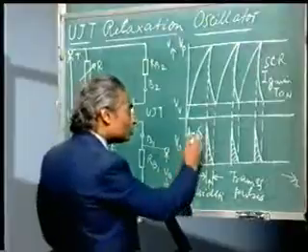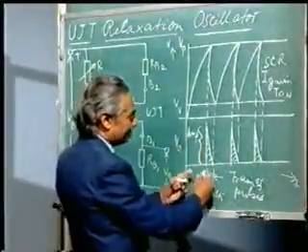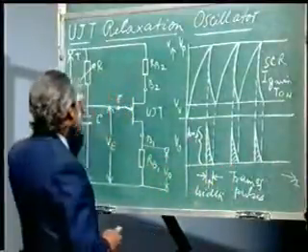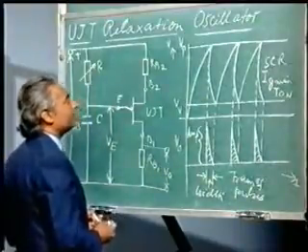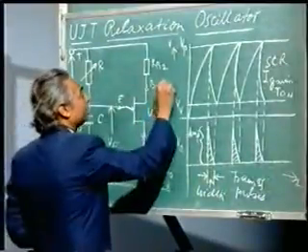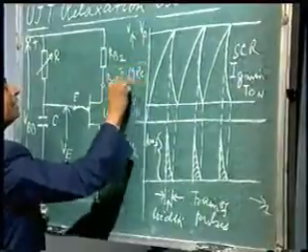Now we can also control the pulses. We can improve its amplitude or width, increase it, or reduce it also with the help of this RC circuit. If you change the value of RC, you know that there is a time which is known as RC time constant. It is given by 0.69 RC.